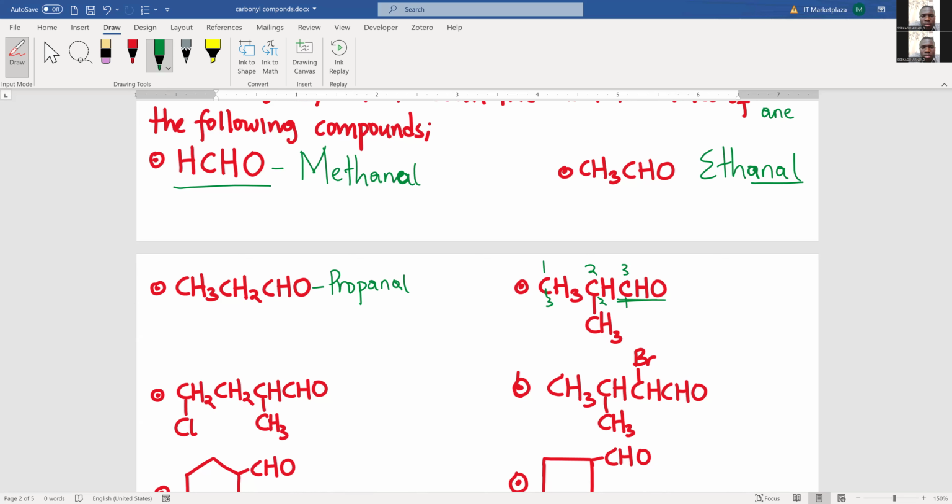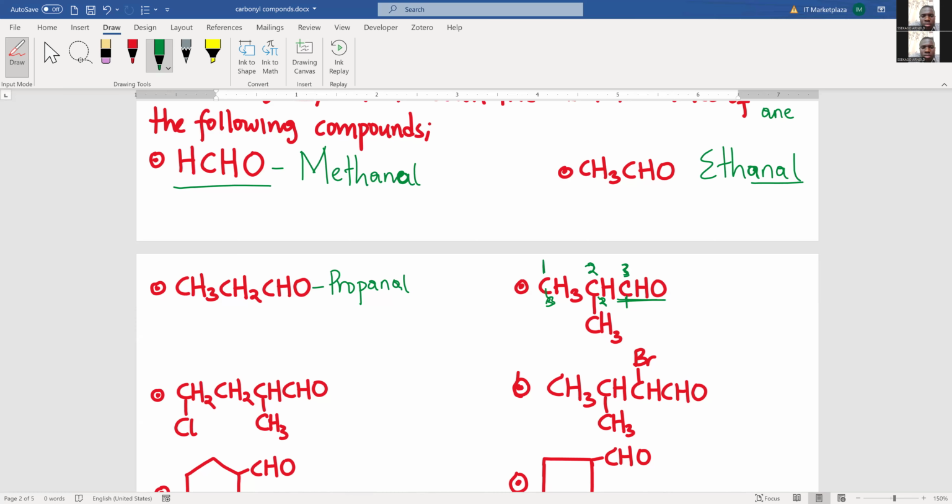Considering the first numbering, where I have 1, 2, 3, you realize that CHO is at position 3. If I consider the numbering down, we have 1, 2, 3, and you realize that CHO is at position 1. Therefore, I go with this down numbering because it is the one that gives CHO the least position.